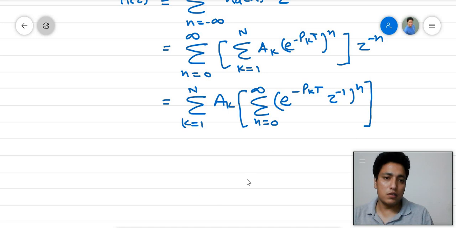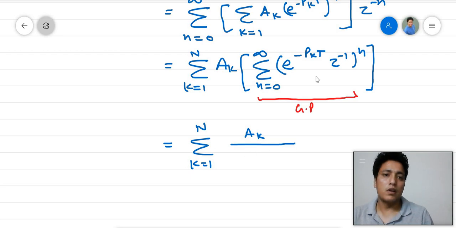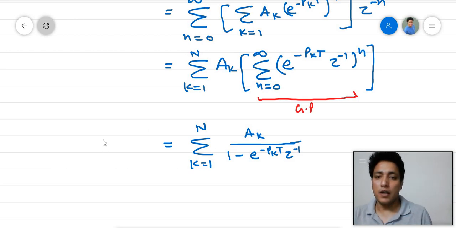Now this is a geometric progression, so the sum of the infinite geometric series will be 1 over 1 minus exponential minus p_k T z inverse, and this is our H(z).